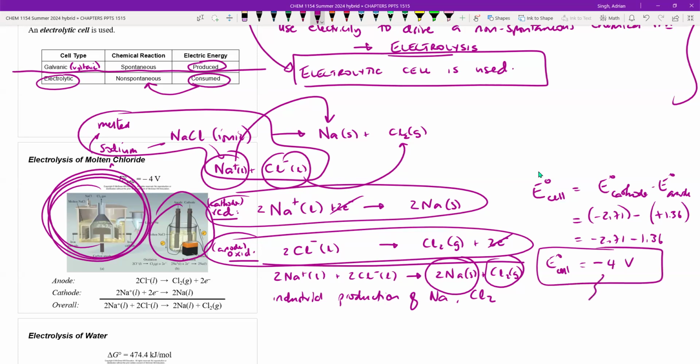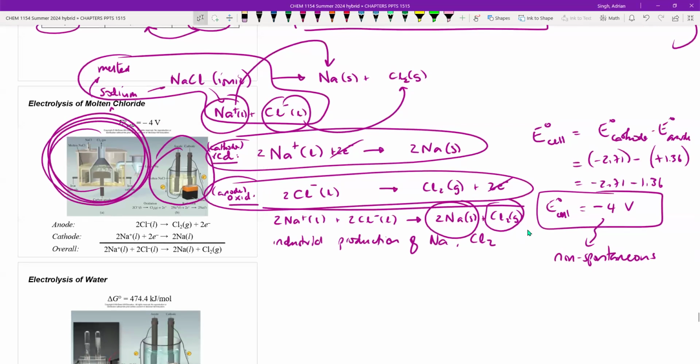So what does that tell us? The negative value of E cell tells you that this is a non-spontaneous process. And in order to drive this process, what we'd actually have to do is provide a minimum of 4 volts in order to force this reaction to go in the direction that we want it to.